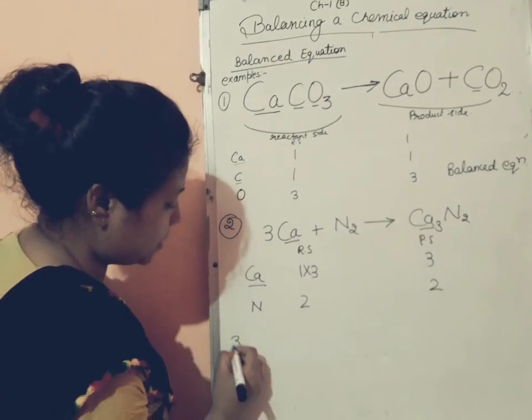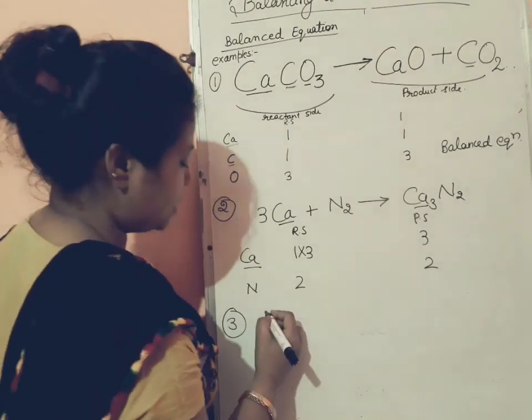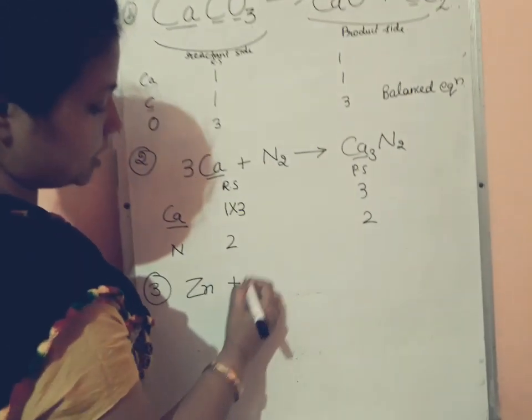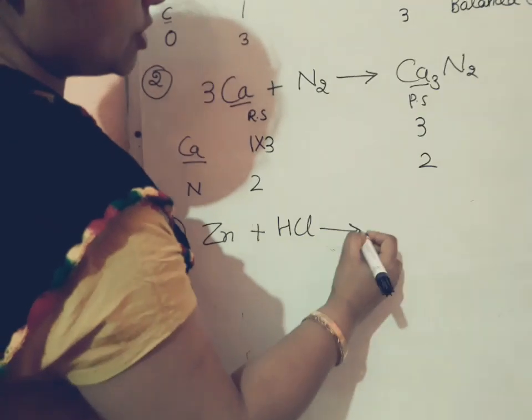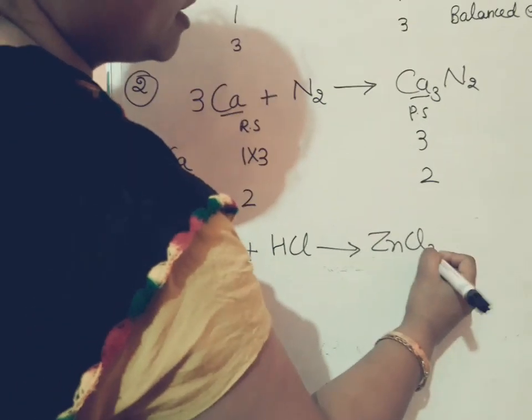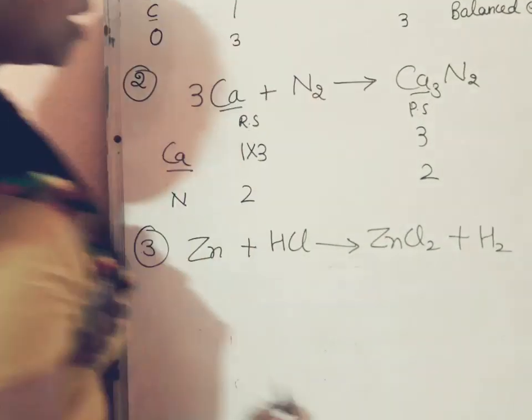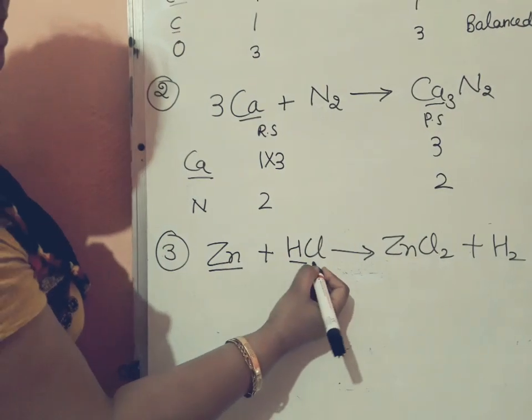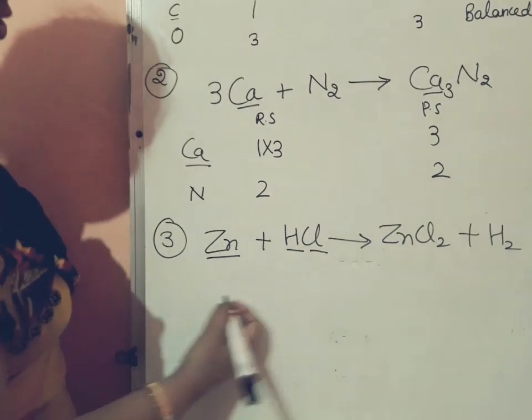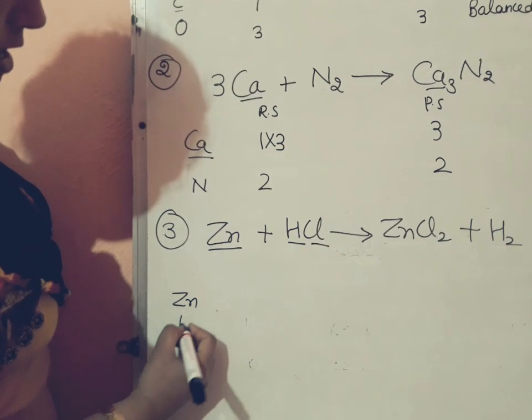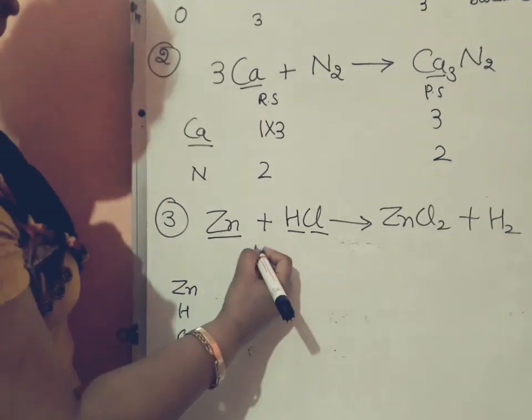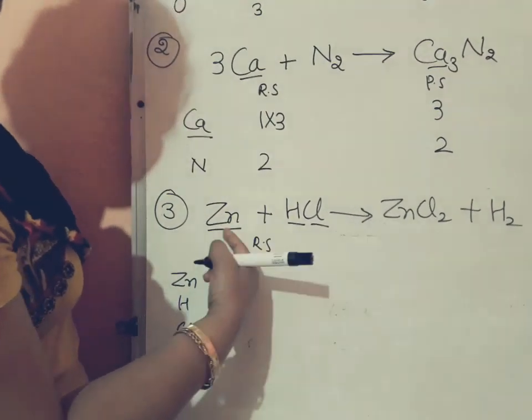Now the third example we will see. Next example is zinc plus HCl is equal to zinc chloride plus hydrogen. There are 3 types of elements: zinc, hydrogen and chlorine. On the reactant side, how many zinc? Only 1.